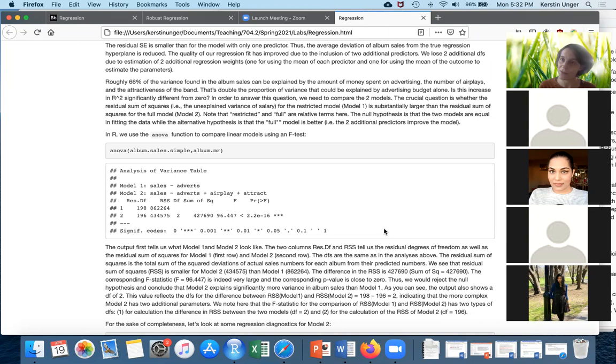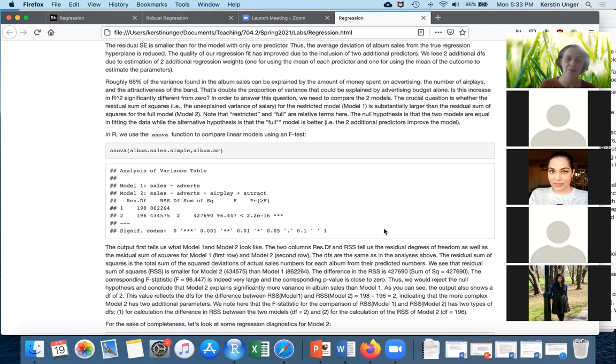And it is not enough to show that airplay and attractiveness themselves are significant, right? That is not equivalent to showing that the model as a whole does better than the simple regression model that includes only advertisement as a predictor. What would be equivalent is, let's assume we include only one additional predictor at a time.